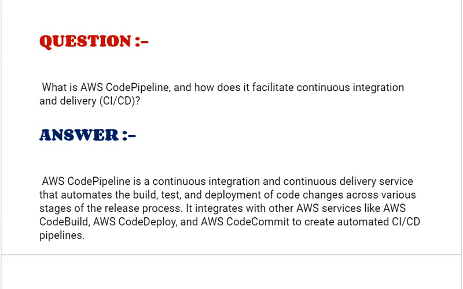Your answer should be: AWS CodePipeline is a continuous integration and continuous delivery service that automates the build, test, and deployment of code changes across various stages of the release process. It integrates with other AWS services like AWS CodeBuild, AWS CodeDeploy, and AWS CodeCommit to create automated CI/CD pipelines.